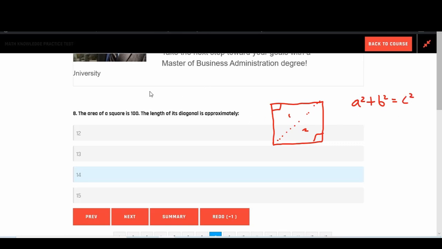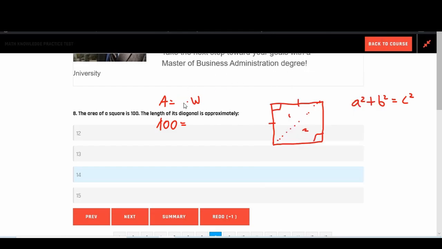Okay? Now, we also need to know that the area of a square is length times width. In this case, we're told the area is 100. And in squares, we know this side is the same as this side. And again, area of a square is not length times width.